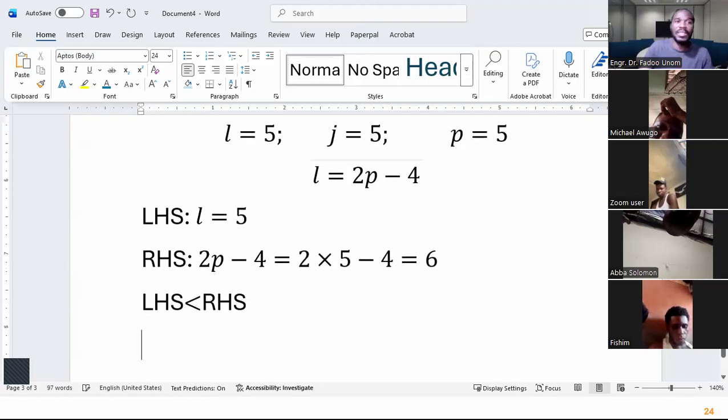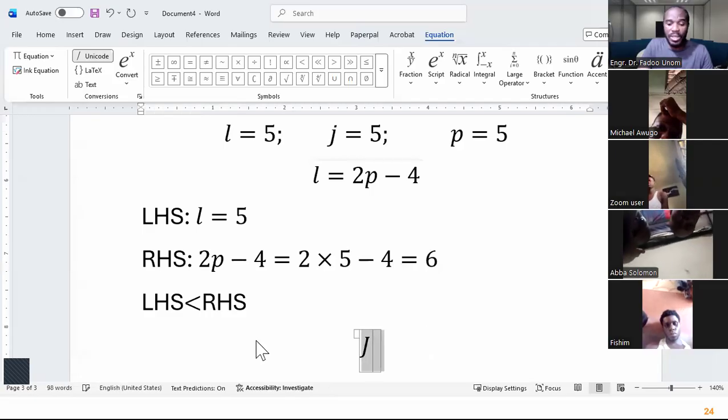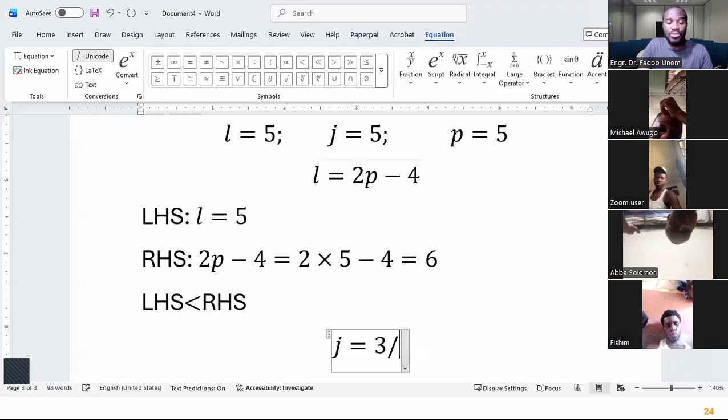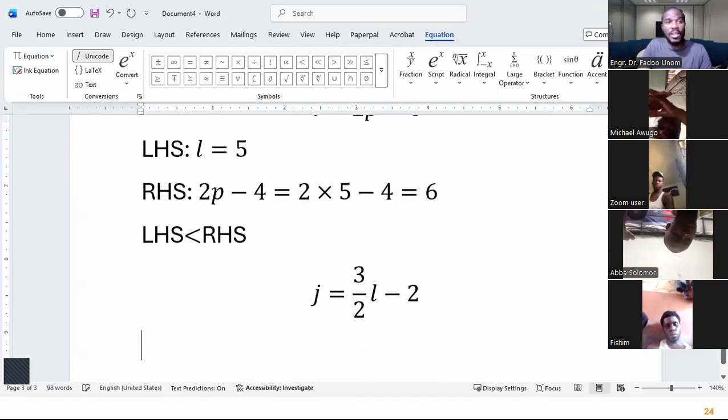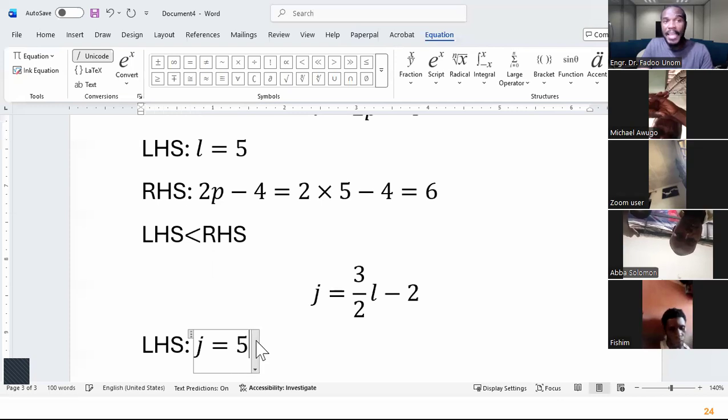Fine. Let's check the second equation and see whether it corroborates what this one is saying. The second equation says J equals 3 over 2L minus 2, right? The left-hand side is J, right? And there are 5 binary joints in that arrangement that we're dealing with, right?